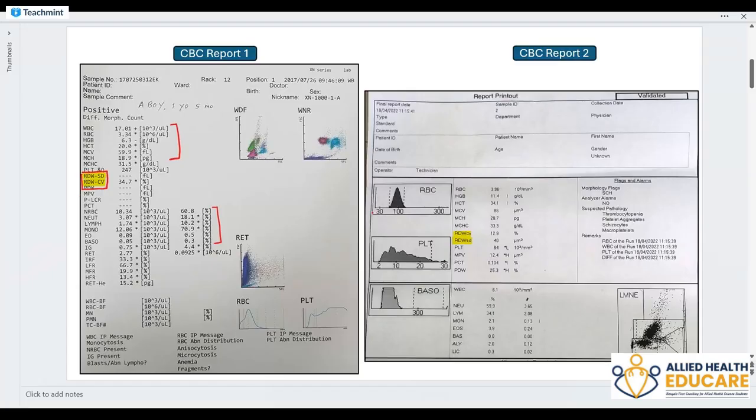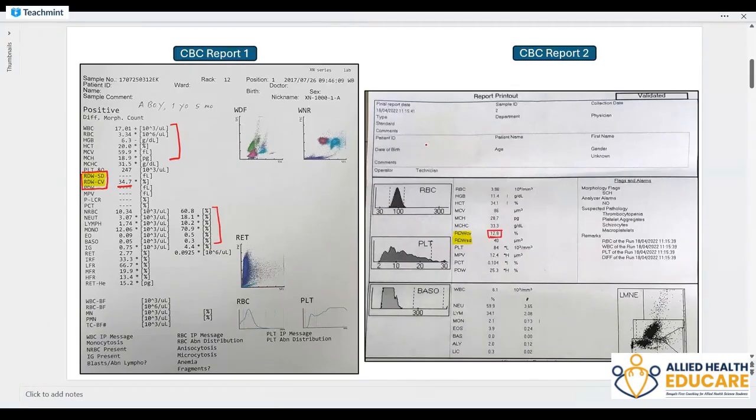So here we can see there are two CBC reports. The first CBC report shows the RDW-CV percentage as 34.7%, and in the second report the RDW-CV percentage is 12.9%. What does it mean?